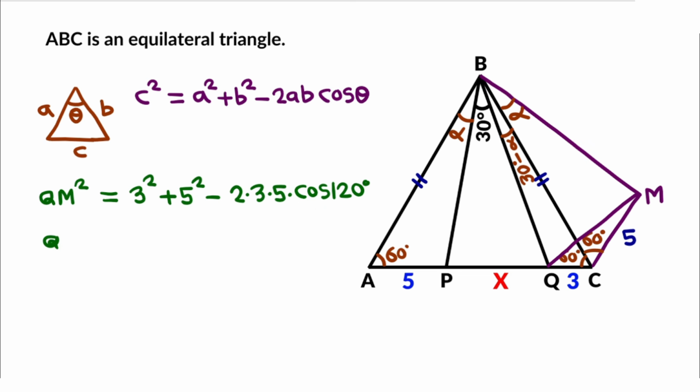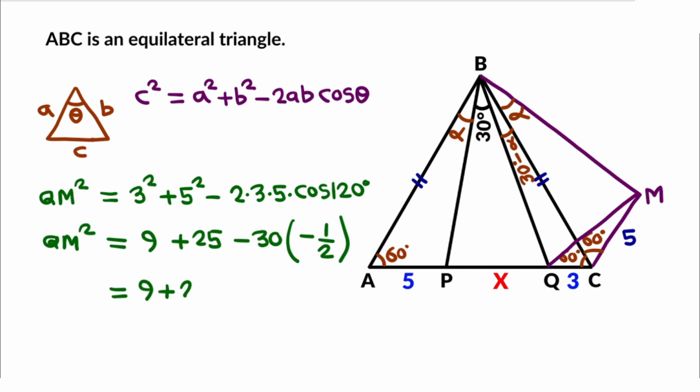So, QM squared equals 9 plus 25 minus 30 times negative 1/2. That becomes 9 plus 25 plus 15, which equals 49. Taking the square root, we get QM equals 7.